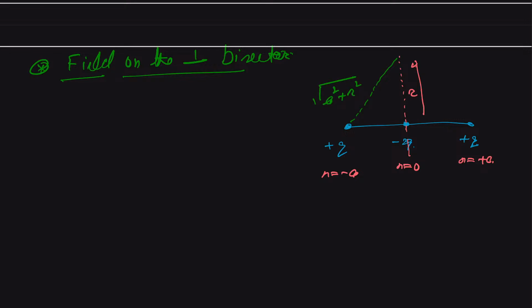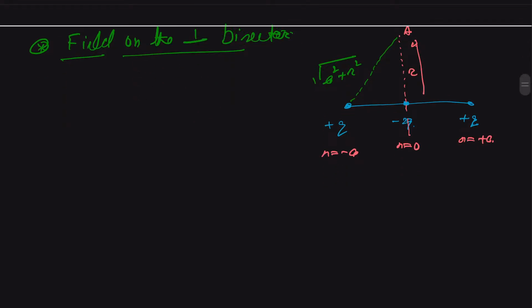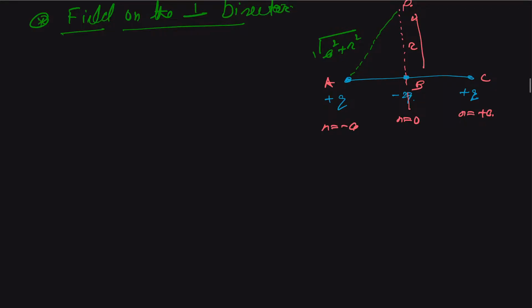The other side is also symmetric, but in this case we can easily see that, let us call this point A, this is B, and this is C. Let us call this point P. So at point P, and this is point A, the electric field because of the charge at A will be in this direction, and let us call this EA.